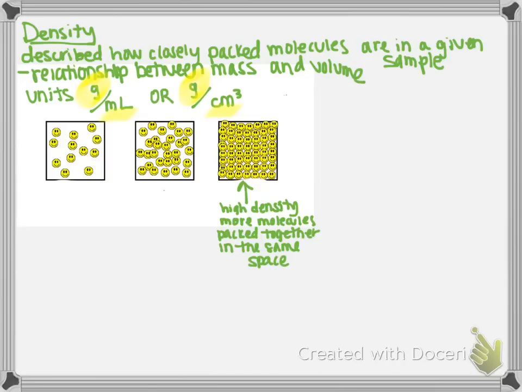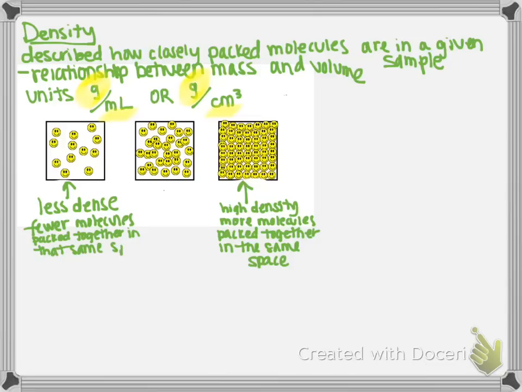The one over on the far left would be less dense because there are fewer molecules packed together in that same space. The one in the middle is just kind of in between.